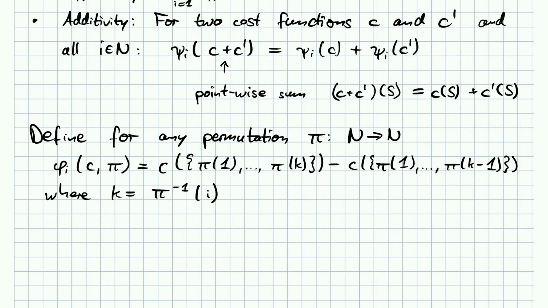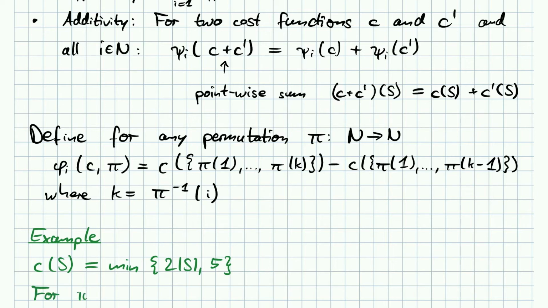So seeing this again in more detail with concrete numbers, let's recall our example of the cost-sharing function, which was 2 times the minimum of 2 times the cardinality of the set and 5.